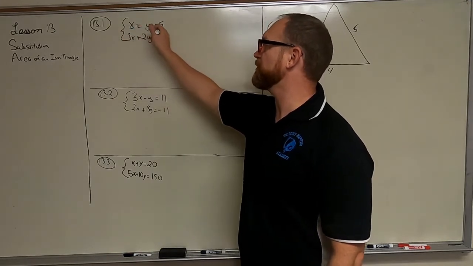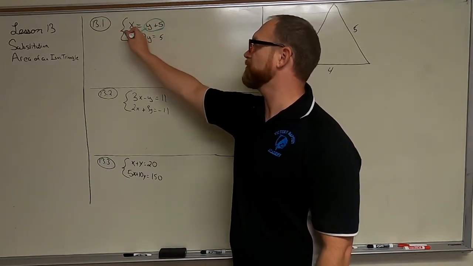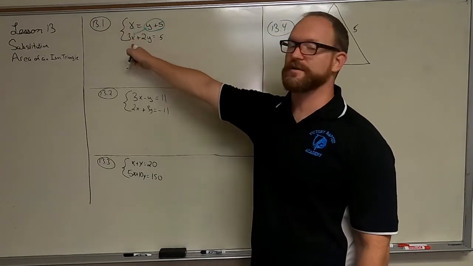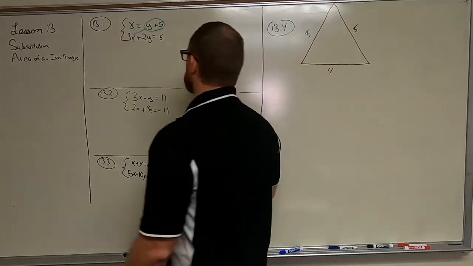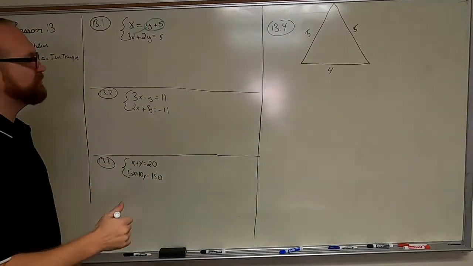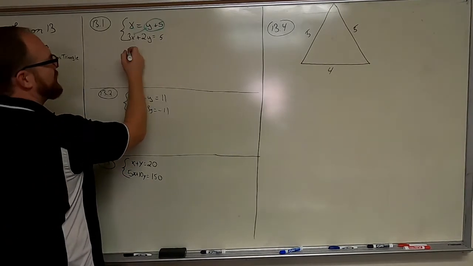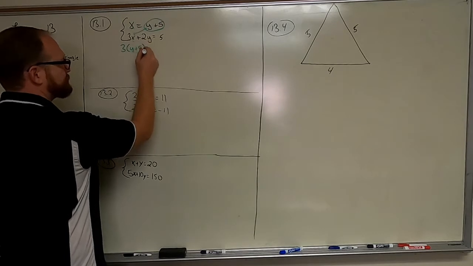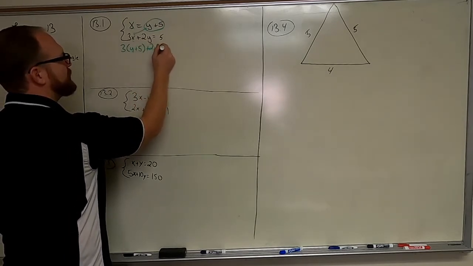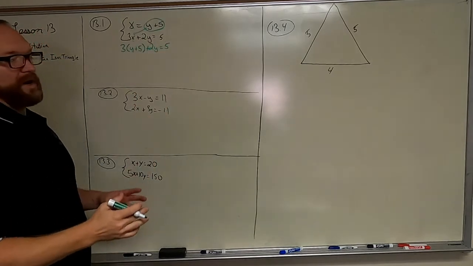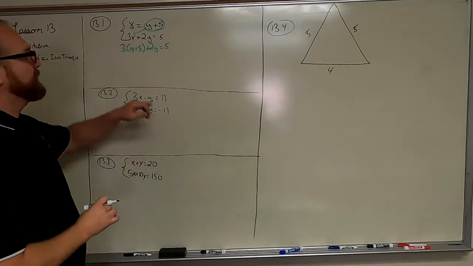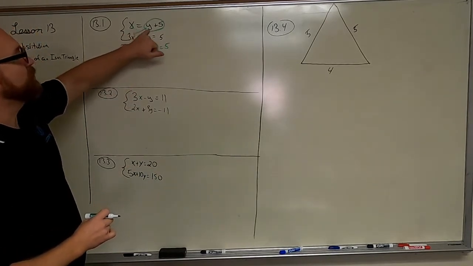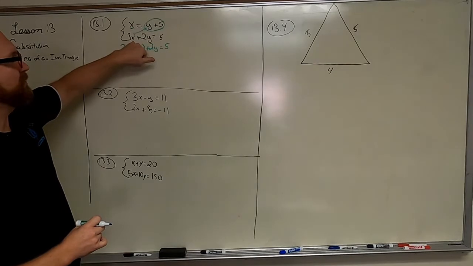So what I want to do is take that y plus 5 and substitute it everywhere I see this x. So I want to step over here and rewrite this so we can see it. Now, instead of saying 3x, it's going to say 3 times y plus 5, plus 2y equals 5. Why does it say that? Well, because x is equal to y plus 5, I can put that y plus 5 here.